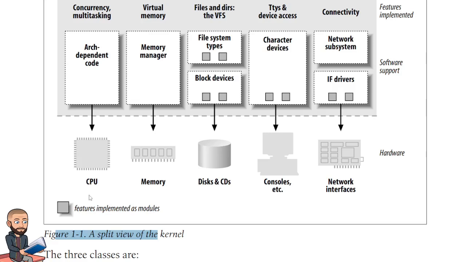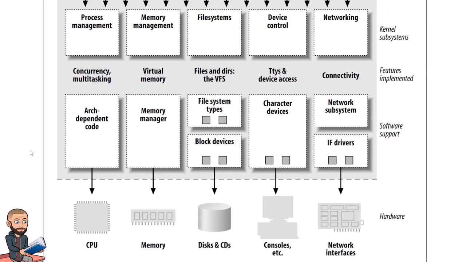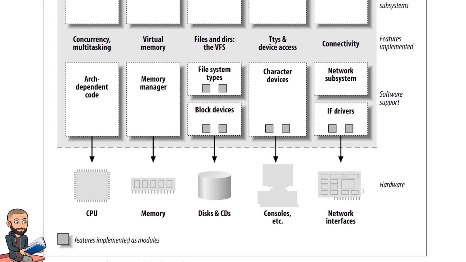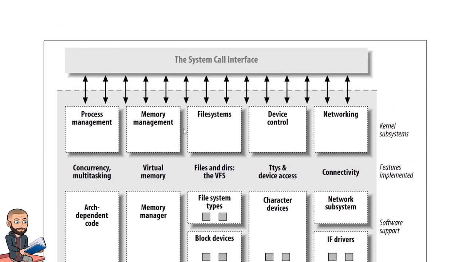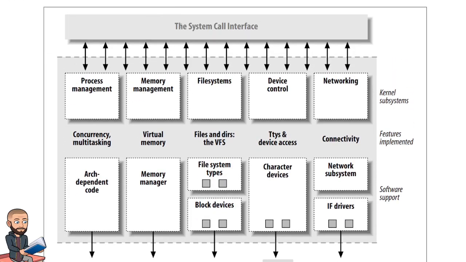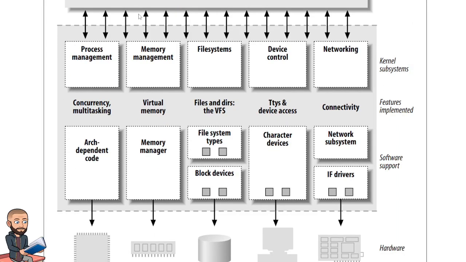This is a split view of the kernel, it says. The gray box says features implemented as modules. And they're littered all over the place there. So at the top, system call interface. Yes, this is what I care most about, system calls. So these can go to any of these or these down here.